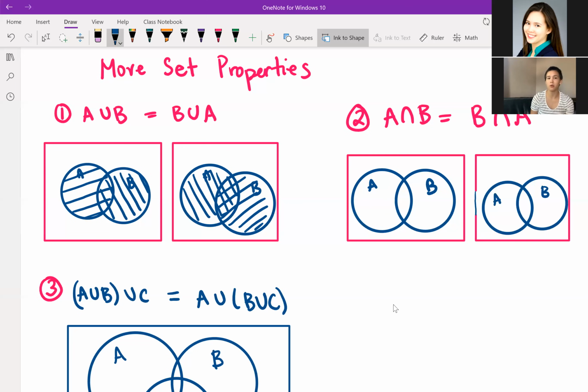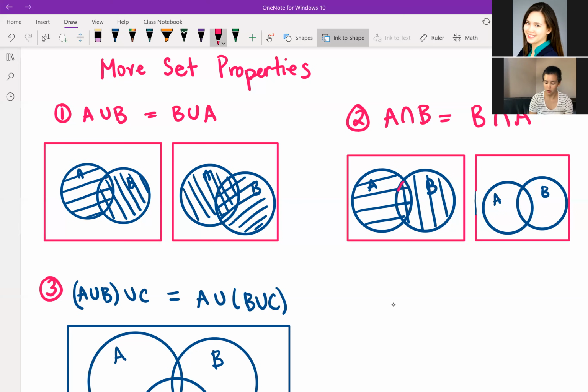Let's do the same thing with intersections. So if we think about A intersect B, here's A, and here's B. And so A intersect B is anything that's shaded in twice.